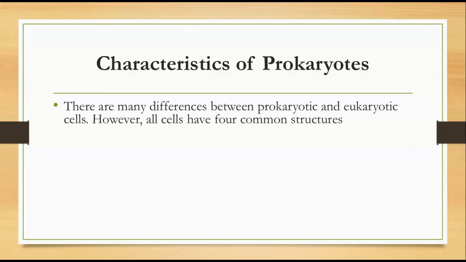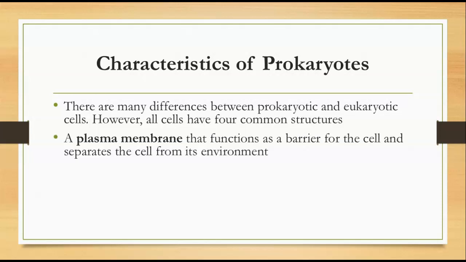Now, we've talked about prokaryotes and we've talked about the eukaryotes, and we know that there are many differences between those two cell types. However, all cells, both prokaryotic and eukaryotic, are going to have four common structures. A plasma membrane that functions as the barrier for the cell and separates what's inside the cell from the outside.